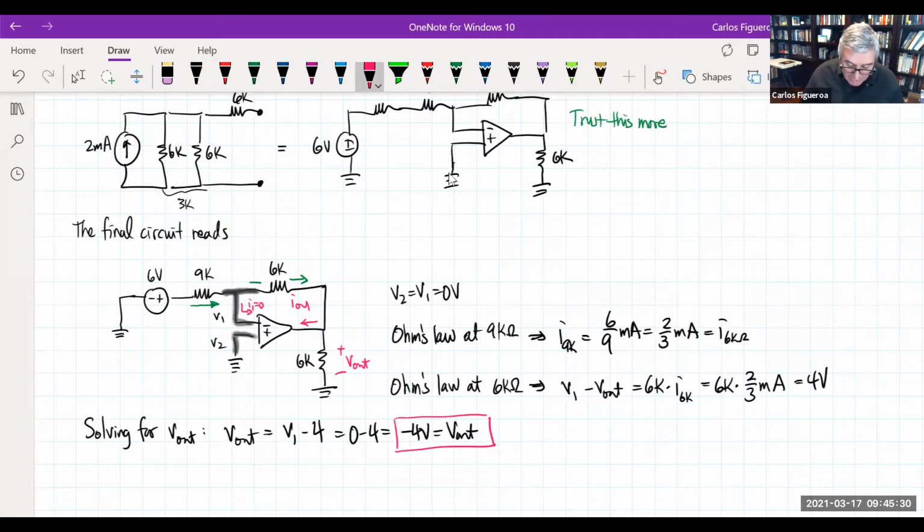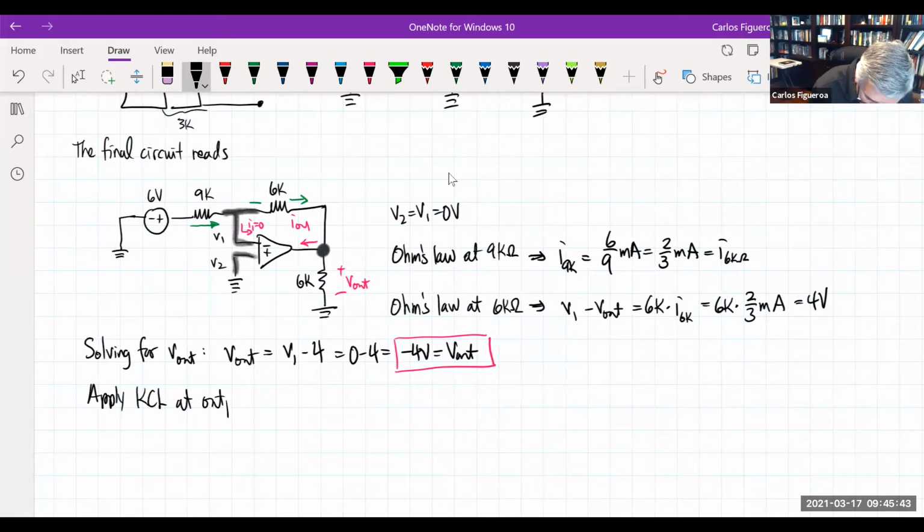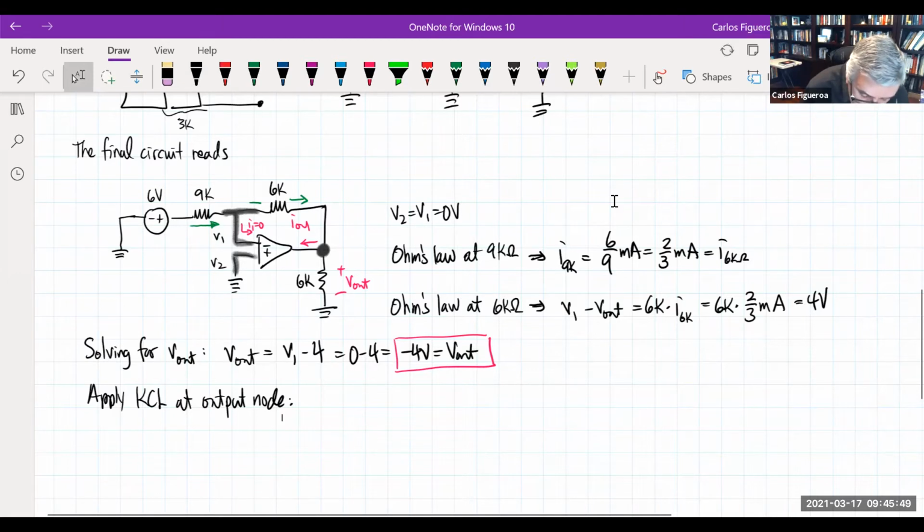So to get the current here, I'm going to apply KCL at this node right here, at the output node. And what you're seeing here is that I'm getting the current of the 6K resistor coming in.